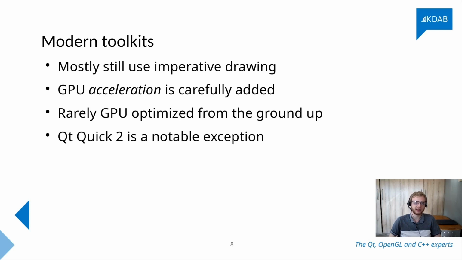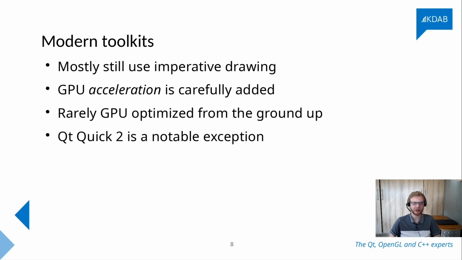And as I said, anything based on Skia only has GPU acceleration carefully added, inserted at points, and there's all sorts of trickery to get that working. These things aren't really optimized for GPU from the ground up. The only major exception I know to this trend is really Clercq 2, the topic of this talk basically.